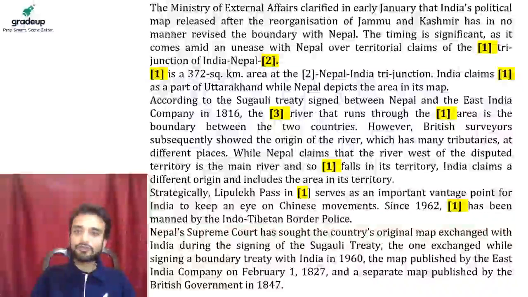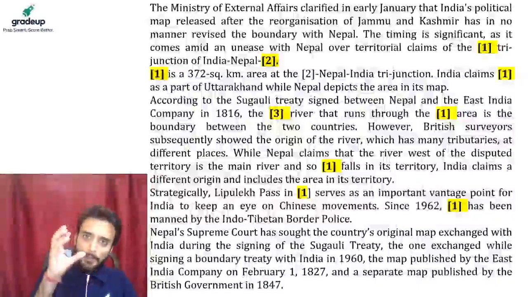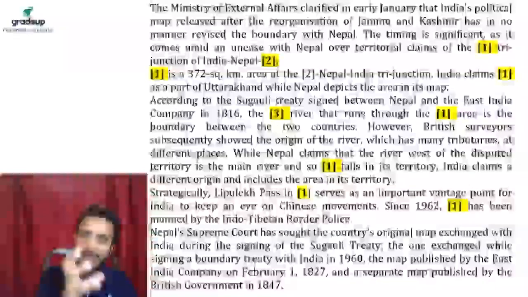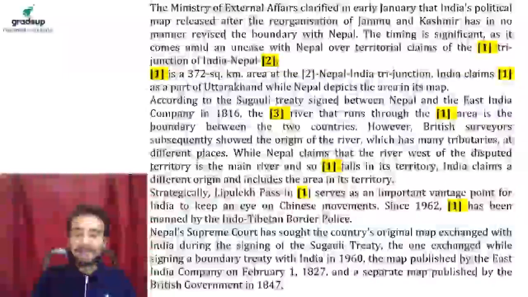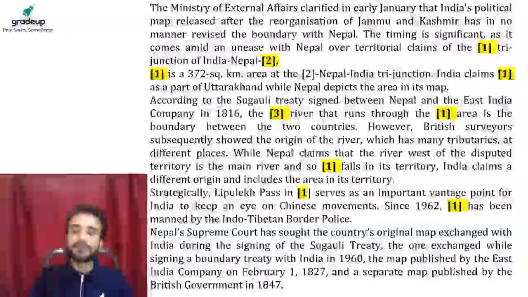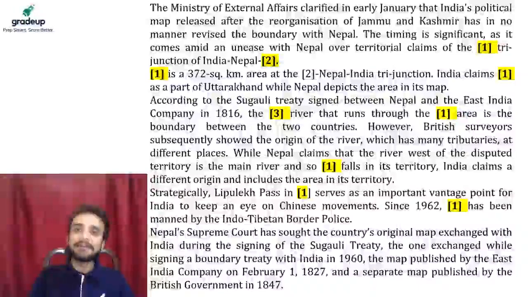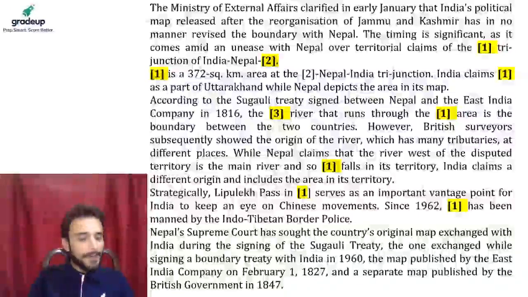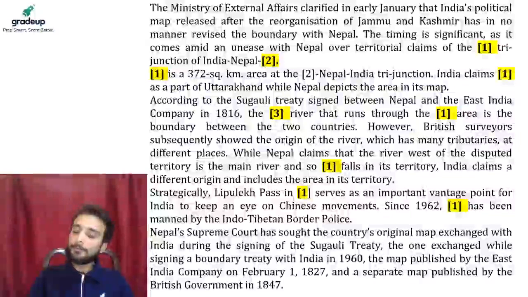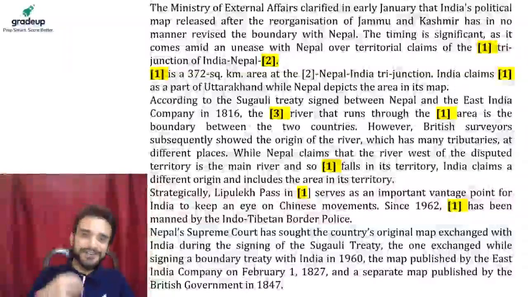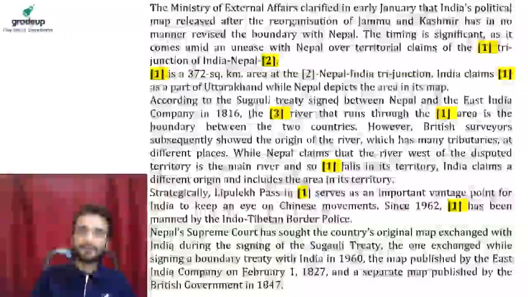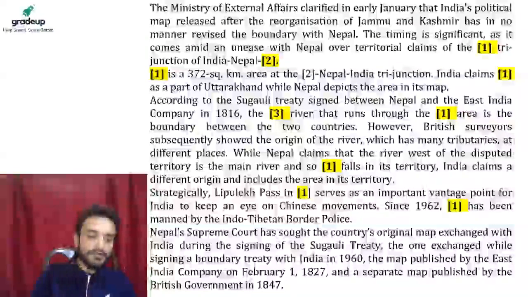So the passage talks about a part of a land that is disputed between India and Nepal. The passage also talks about a treaty between two or more than two countries.